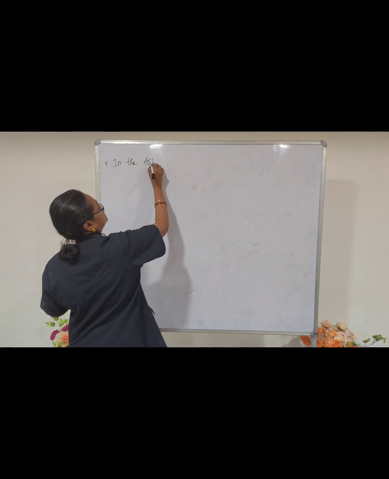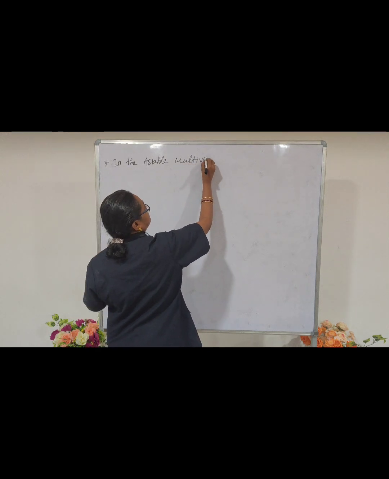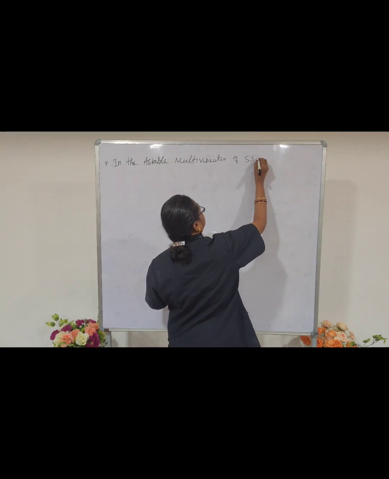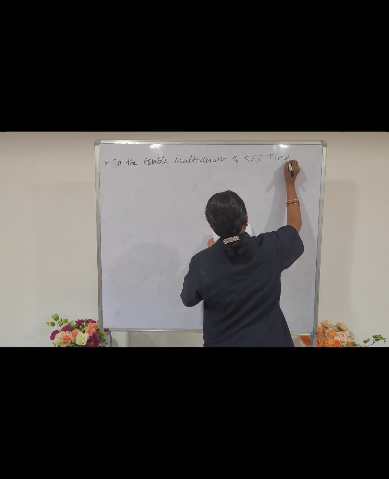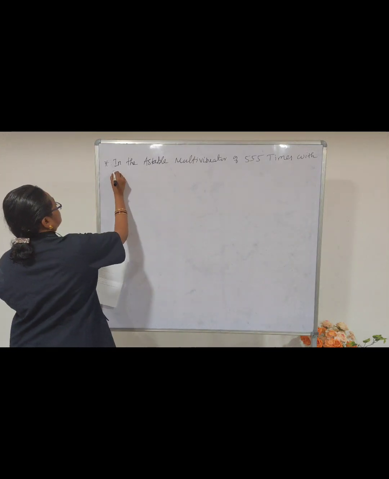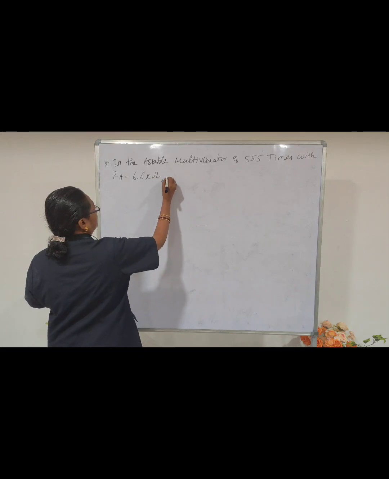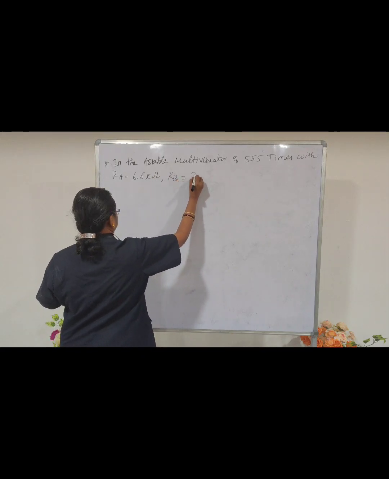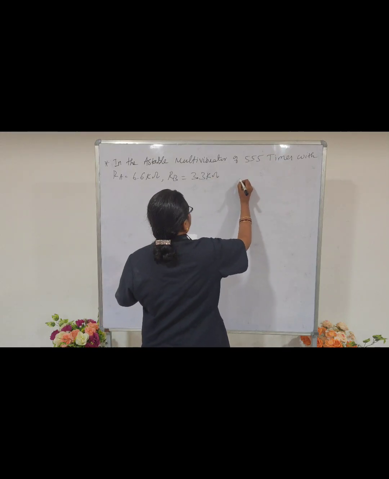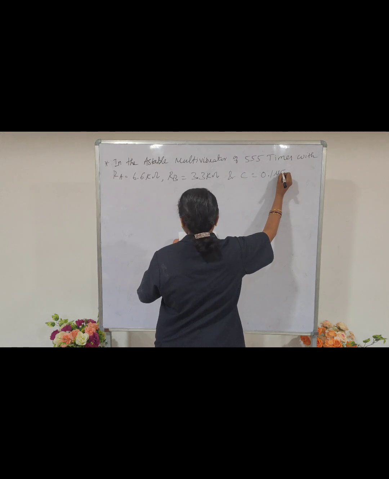In the astable multivibrator, RA equal to 6.6 kilo ohm, RB equal to 3.3 kilo ohm, and C equal to 0.1 microfarad.